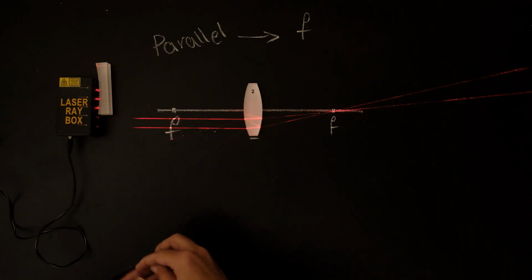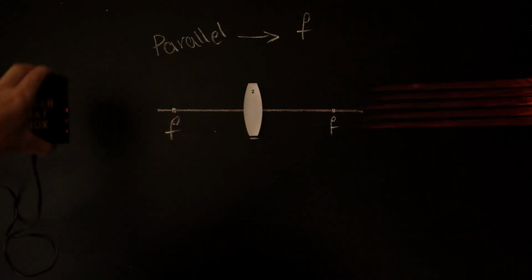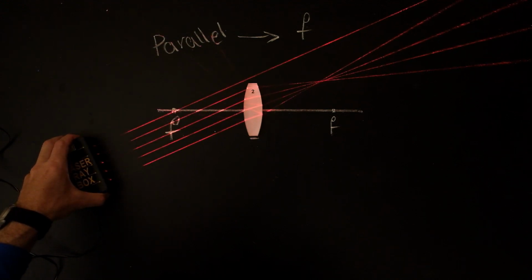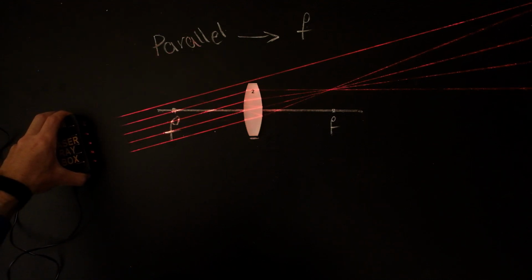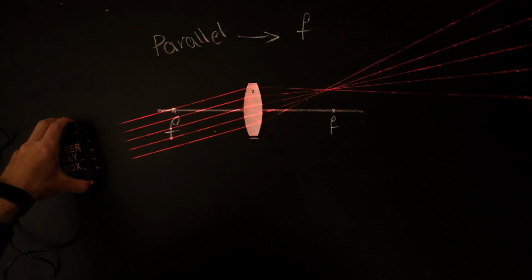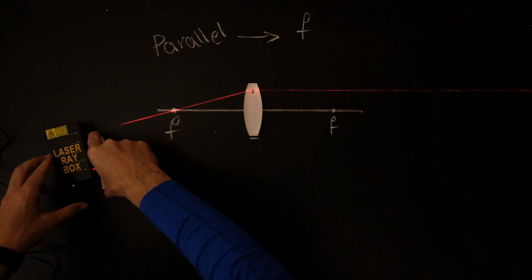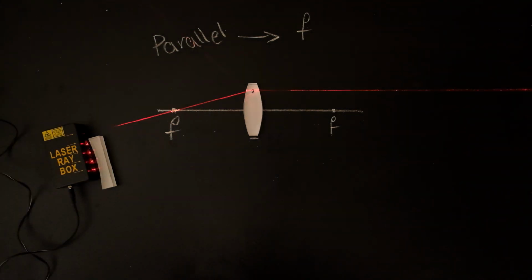Now let's try a different setup. Now let's try to have a light ray going through F. Let me use this one and make it simple. Now what's happening here?